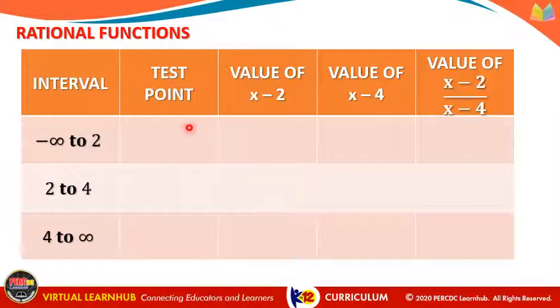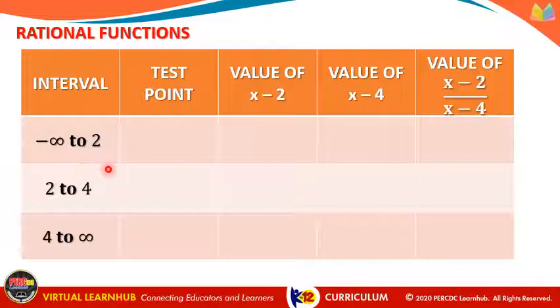Ano ulit ang mga test points? Sila ay mga points na nasa loob ng ating partition. Again, reminder, hindi pwede na piliin mo yung mismong endpoint. So, hindi mo dapat piliin yung mga endpoints mismo.